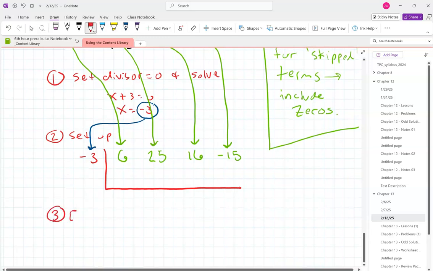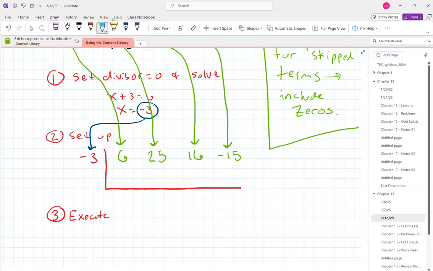And the last one is we just execute the procedure. So the first step is we just bring that first number down. And then what I do is I take the outside number, multiply it by the one on the bottom. I write it in that next spot. And then we add down.